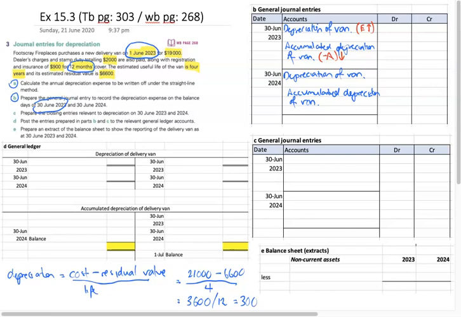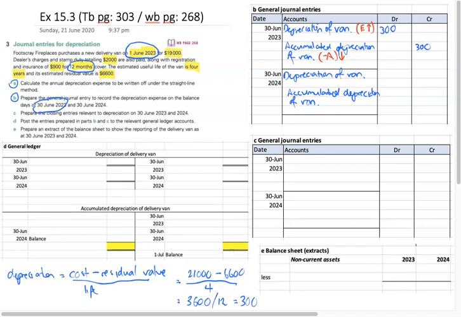We've only had 1 month. We've gone to the hard work down the bottom to realize that 1 month of depreciation is $300. So our first period recording on the 30th of June is not 3,600. We're recognizing that our van has only been used up for 1 month, so it is only depreciated by $300.